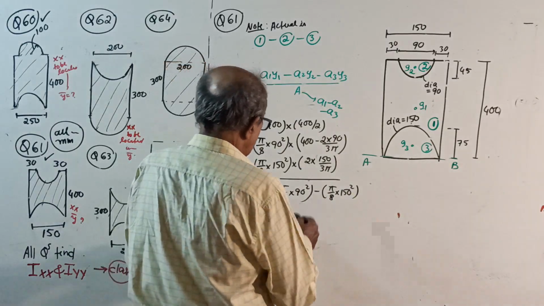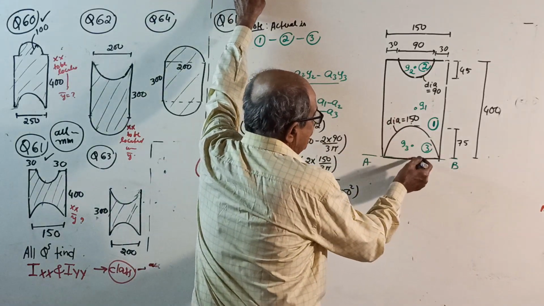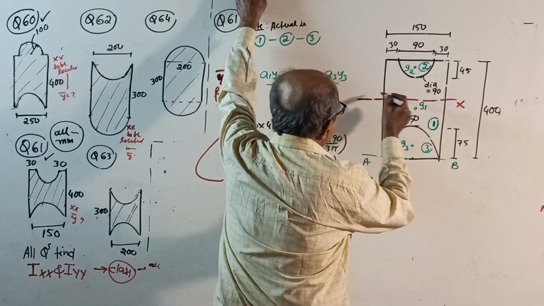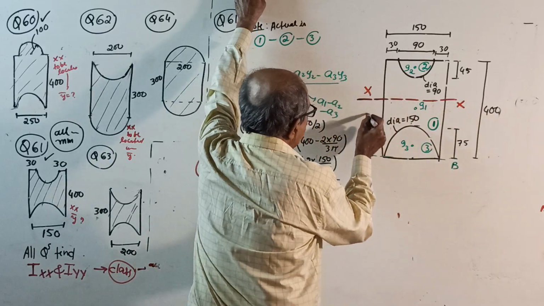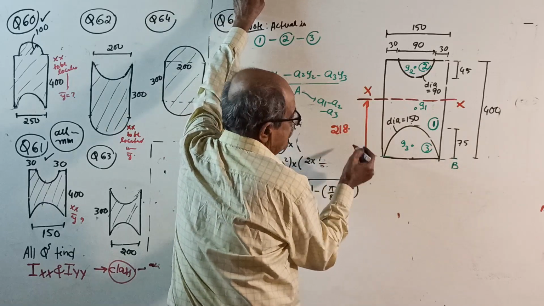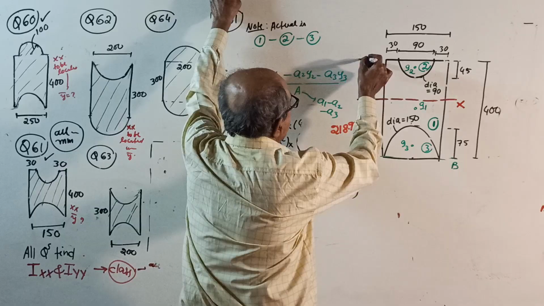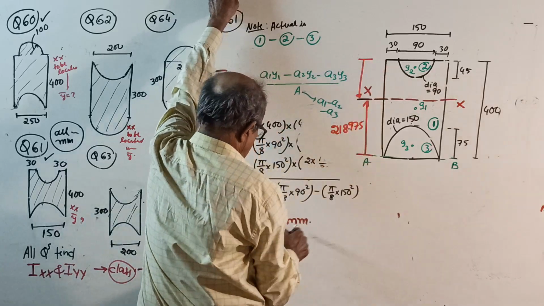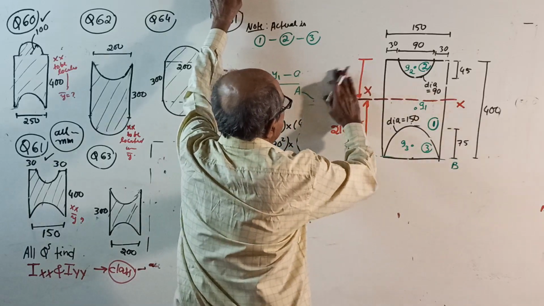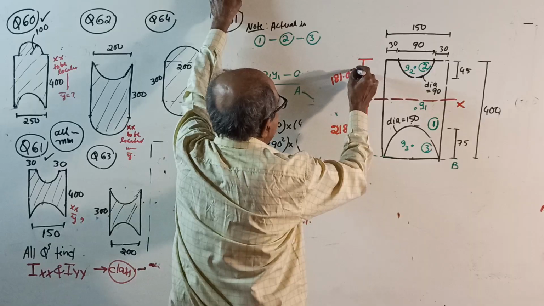Now, locate the axis. Y bar is 218.975. See, this is 200, a little above. This is your x-axis. From here to here is 218.975. From the total 400 subtract it, and from here to here it will be 181.025.